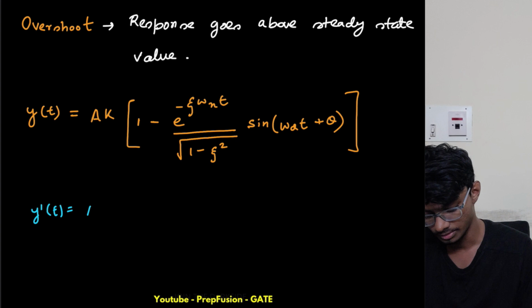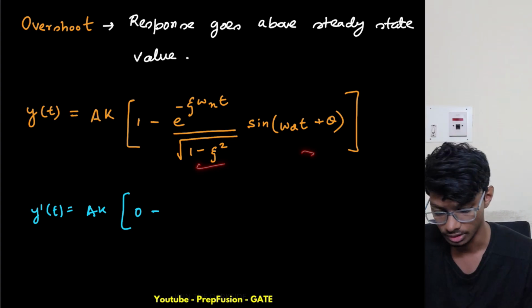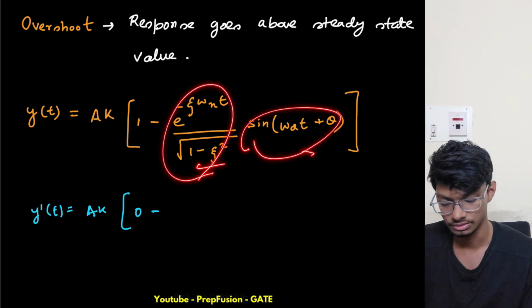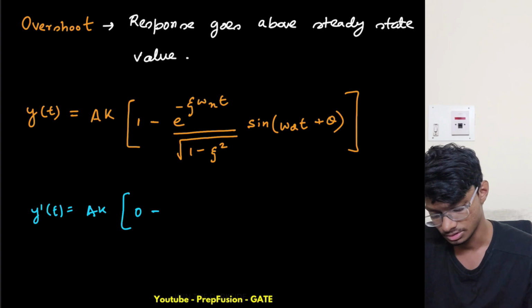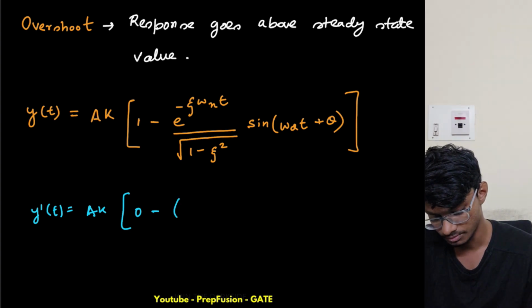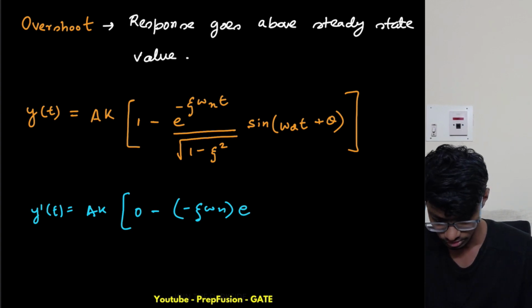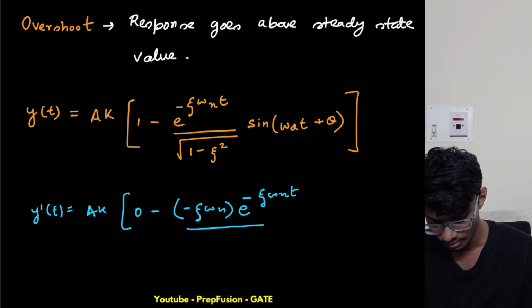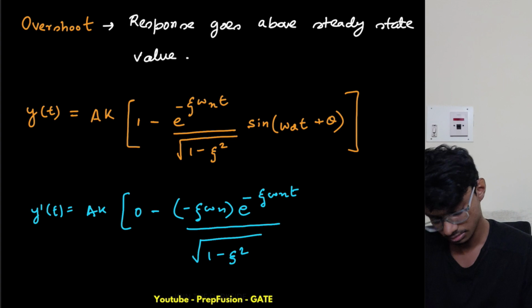If I make y dash of t, I get this will be a k only, the constant will be outside only, this will be 0, and this is u times v. So I will do du by dt and put this one, and then I will do the other one. So du by dt is simply minus zeta omega n e raised to power minus zeta omega n t divided by under root zeta square.